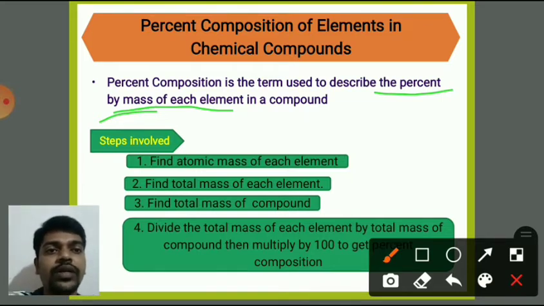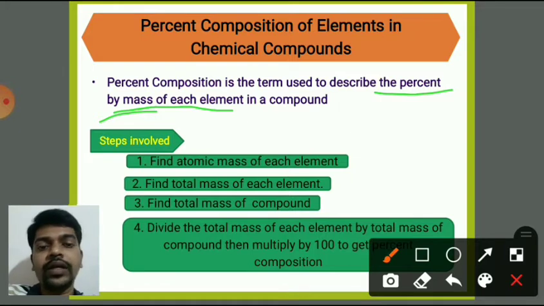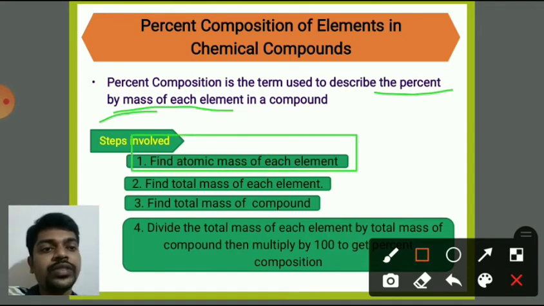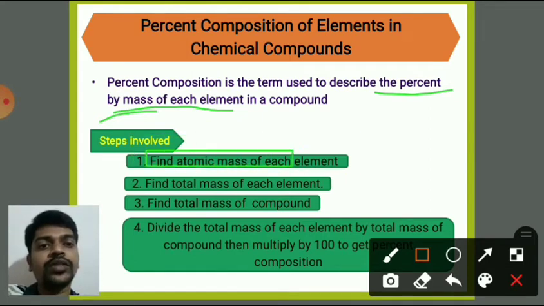Now to find out this percent composition of an element, some steps are there, and they are as follows. Total 4 steps are there to find out the percent composition of an element in a given chemical compound or any solute. The first step is to find out the atomic mass of each element.